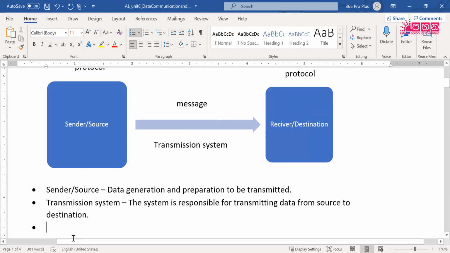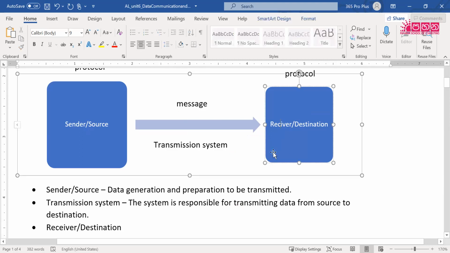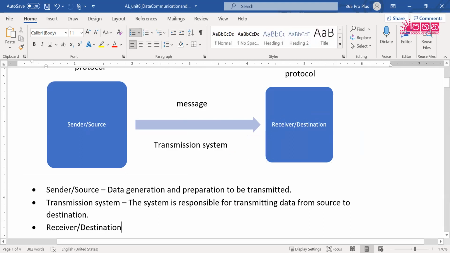Then we will have the receiver. We have receiver, destination.